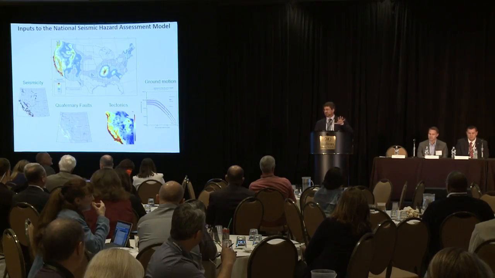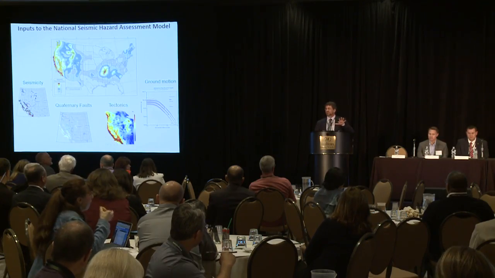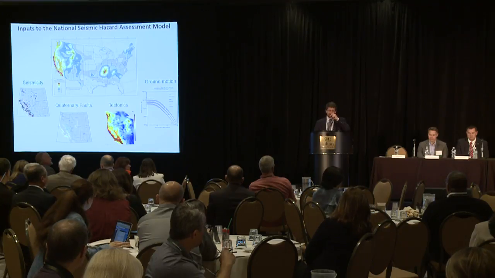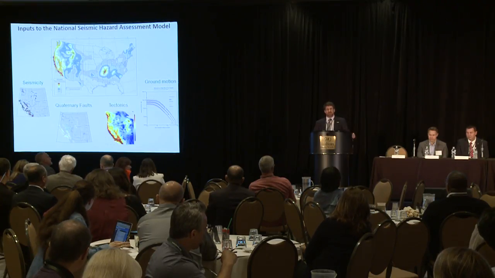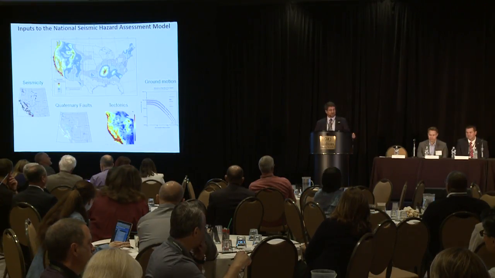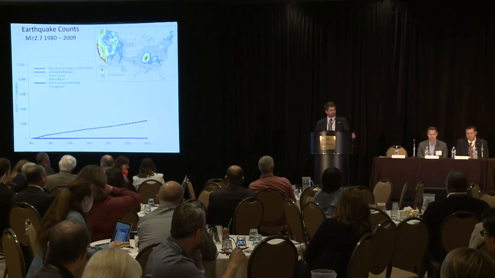The geodetic strain rates are extremely low, difficult to characterize, and so it's hard to use GPS to pin that down. And we've had relatively few large earthquakes to nail down how the ground motions result from that. So the central and eastern U.S. is a highly difficult and uncertain place to start with, and then of course when we throw new processes on top of that, it becomes even more so.